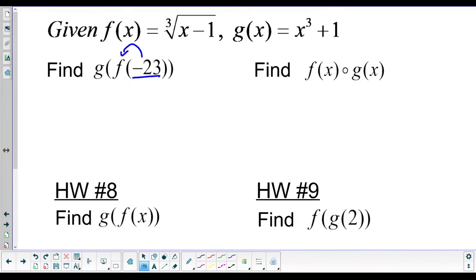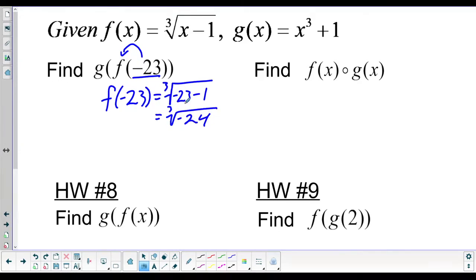All right, so let's go ahead and plug in negative 23. So we're going to have f of negative 23 equals the cube root of negative 23 minus 1. That is the cube root of negative 24. And we can't simplify this. This is kind of stuck the way it is.